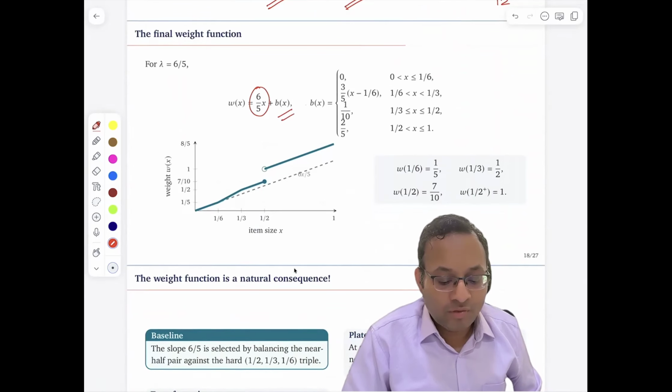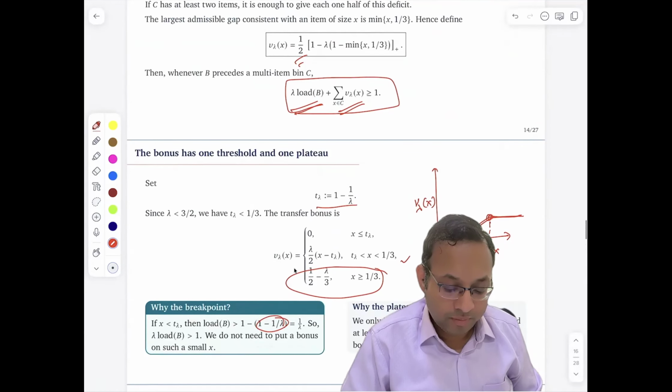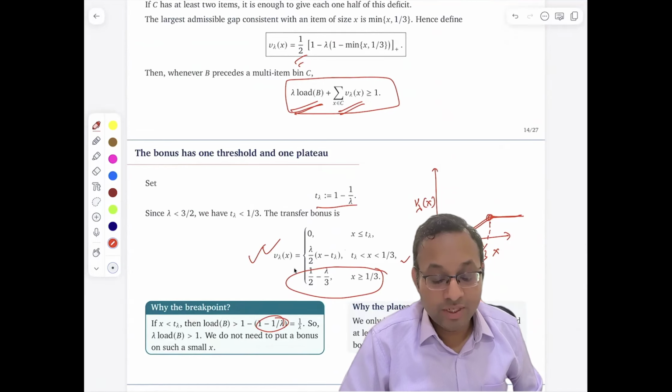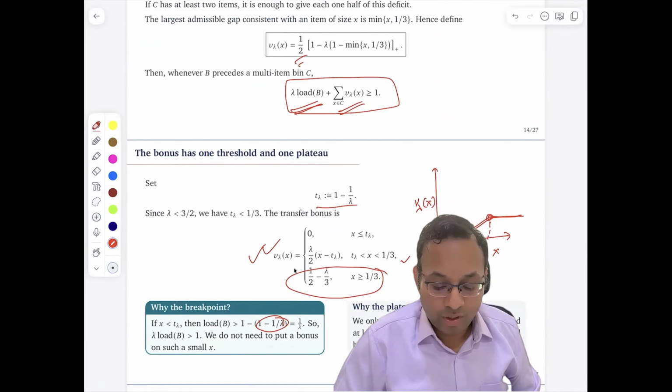And this bonus function is just, from this function, we get 0, lambda by 2 times x minus t lambda. So t lambda is now 1 minus 1 by lambda, which is 1/6. That's the breaking point now, 1/6. And this lambda by 3 becomes half minus 6 by 5, so 1 by 10.